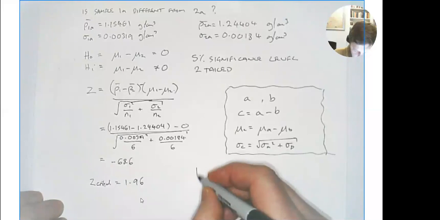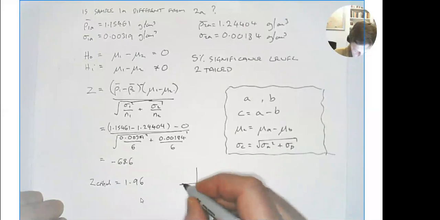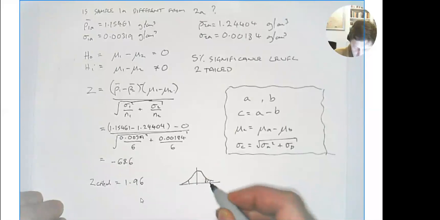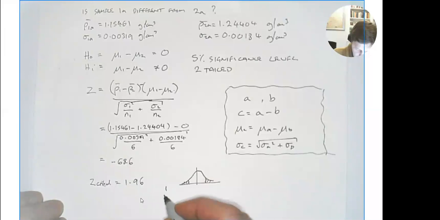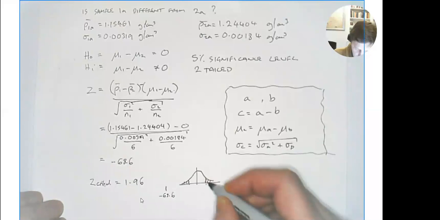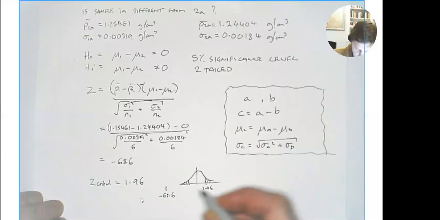It's a two-tailed test that we're doing. So we're interested in both of these regions if our result is in either of those. And so our Z is at minus 68. Our criteria is at plus or minus 1.96.